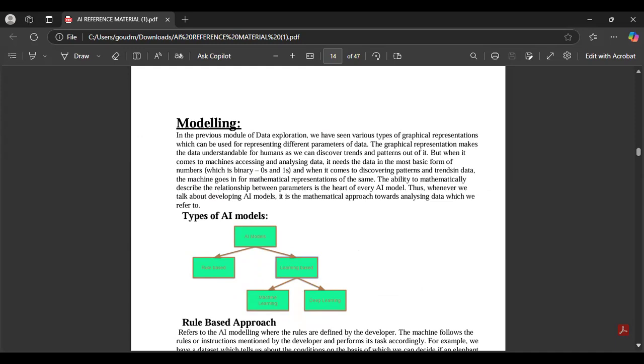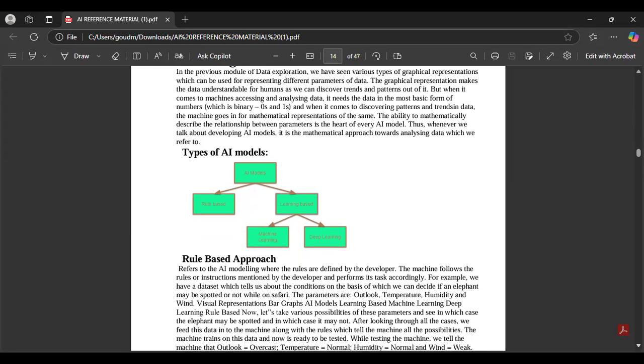And now by using the data, you are going to design your model. For designing a model, we have two types of models, that is rule based and learning based. Very important, children. I have a confidence that this year in the exam they may ask this, rule based and learning based, for a 4 marks question.